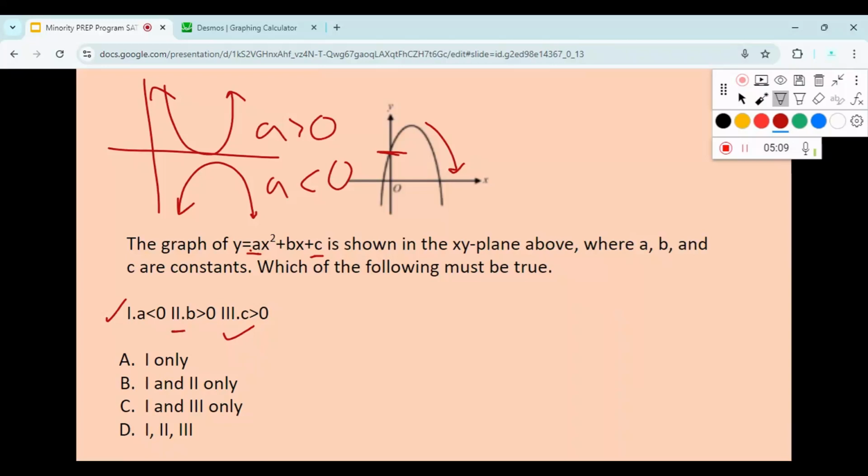Now to test whether b is true, you could do it two ways. You could do it algebraically, which could take a lot of time, or you could do it through Desmos, which is way easier. The way we're going to figure out whether b is true is by looking at another important feature of the graph, the vertex. Is it positive or negative?